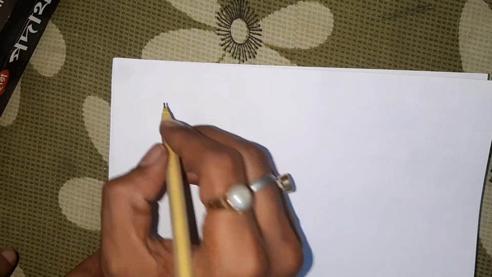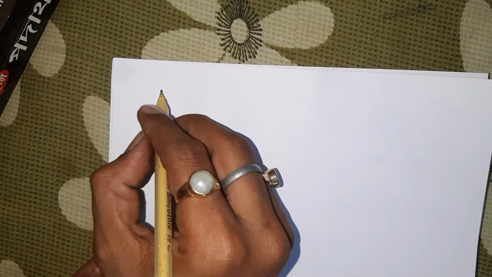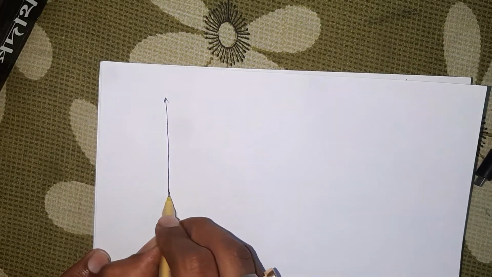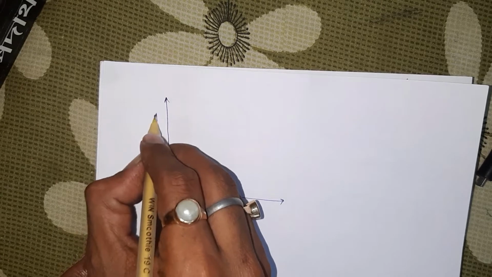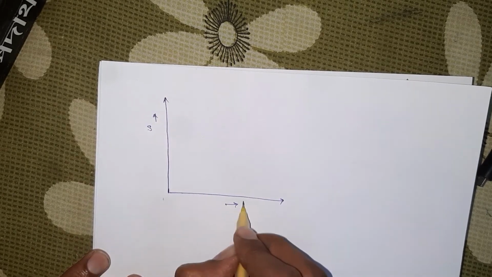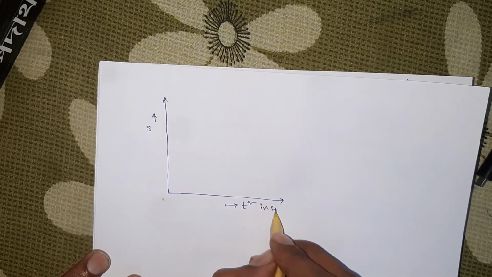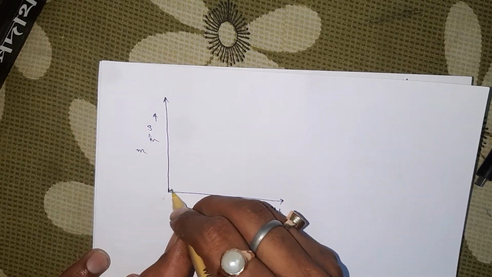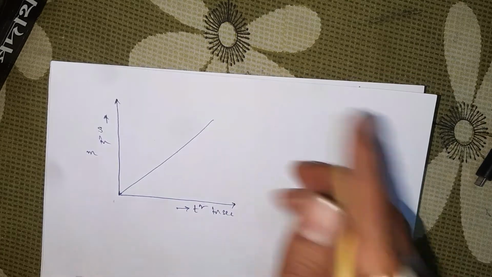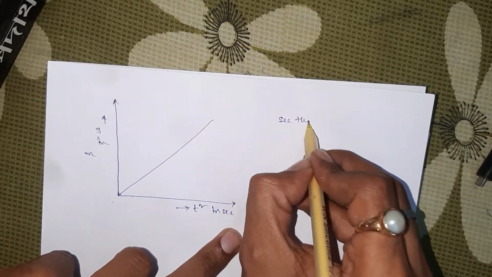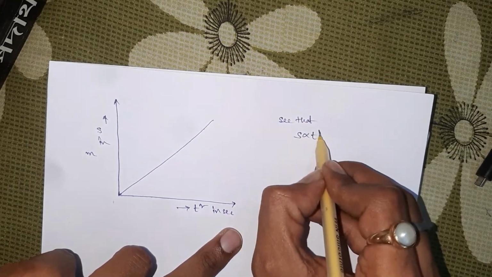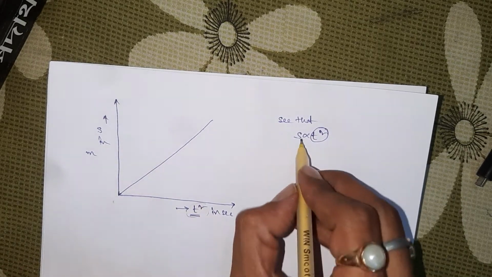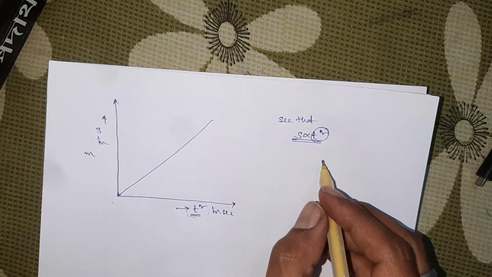Now under this segment, means in free falling case, if we draw the graph s versus t square. Now this curve will be straight line in uniform nature, because we see that s directly proportional to t square. So when we consider axis as t square, then the relation is directly proportional.